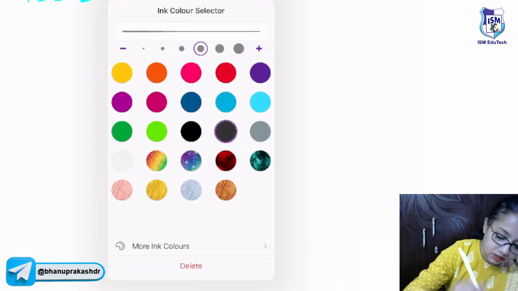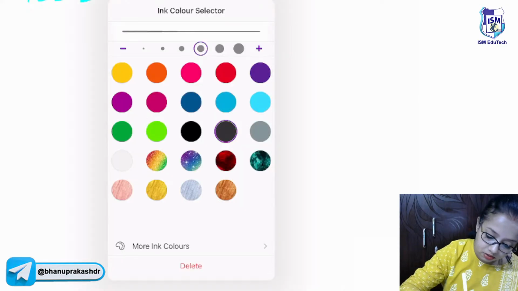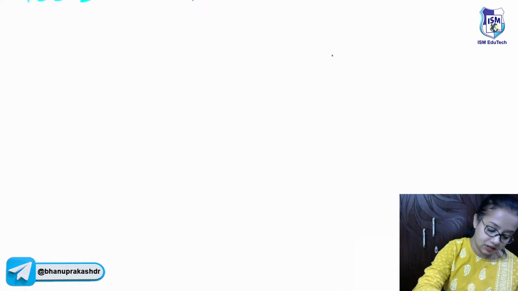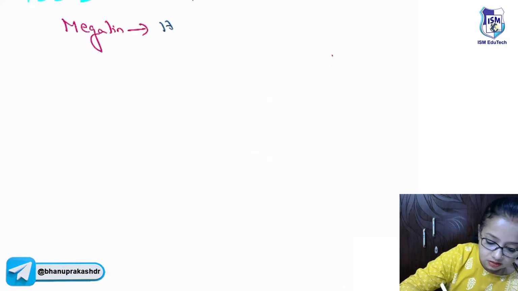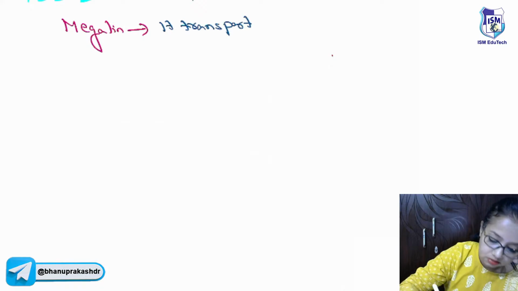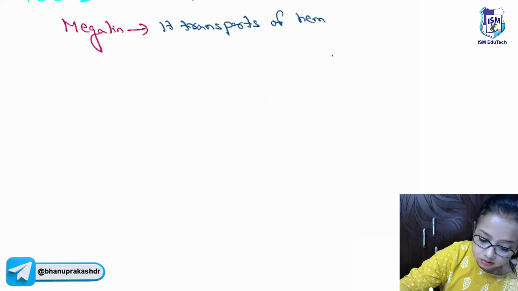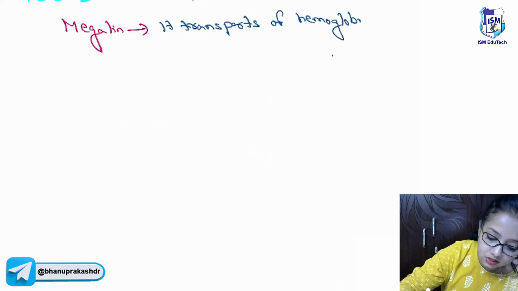Other important proteins in the process of endocytosis are megalin. Now, megalin is needed for transportation of hemoglobin.